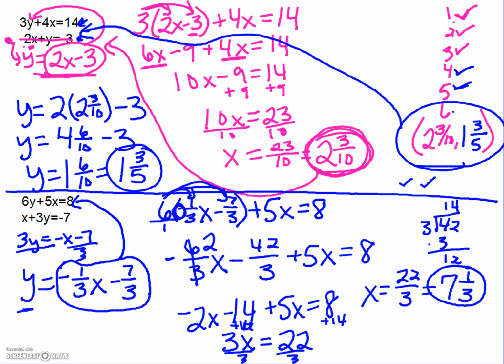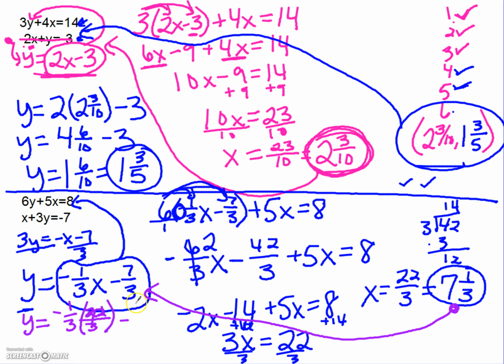Okay. All right, so let's change colors. Let's go to purple. All right, so this is my x. I'm going to take it and I'm going to put it in this one. Okay, so we get y equals negative 1/3. Remember, that's your x now. That's 7 1/3. If you want to leave it as 22/3, maybe easier for you to multiply here.